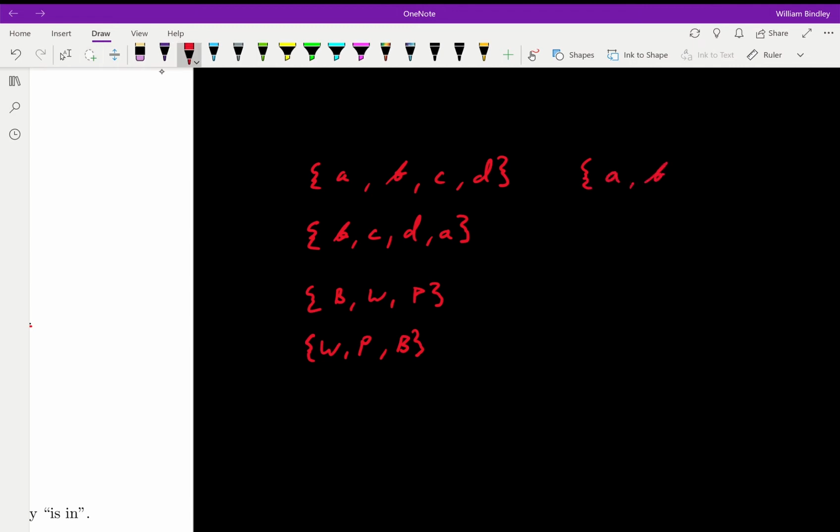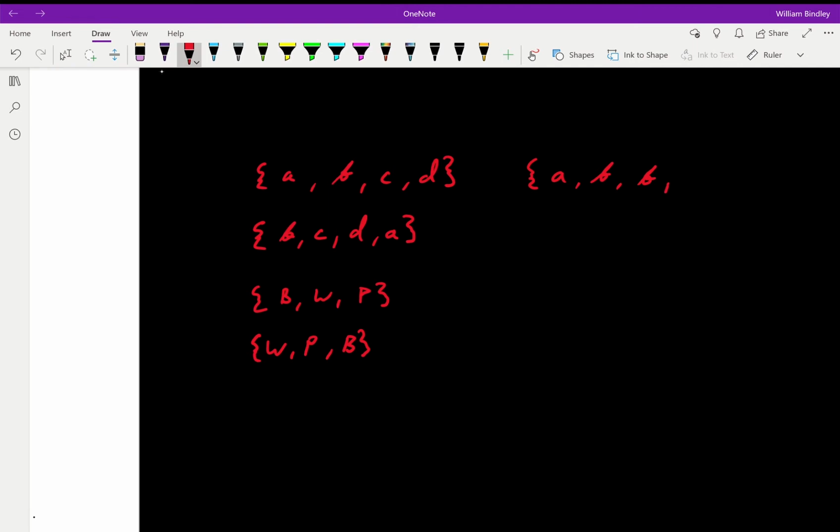The second friend's email address is B, and suppose you put their email address in a second time. Does the fact that we put their email address in twice change who's getting an invitation? No, the same people are still getting invited to your dinner party. So this is really just equal to this set over here, and also equal to this set, just like these two sets are equal.